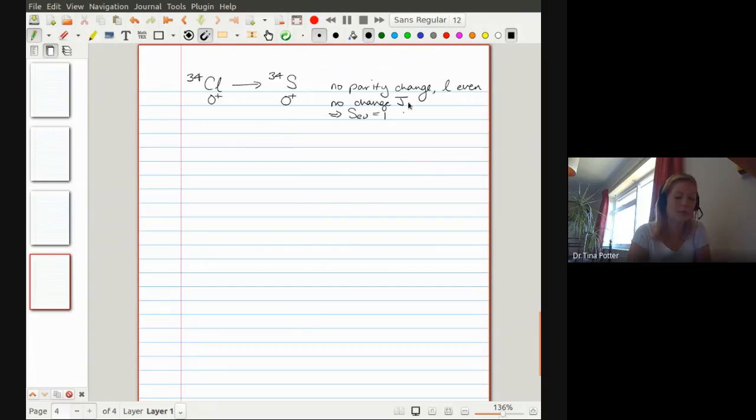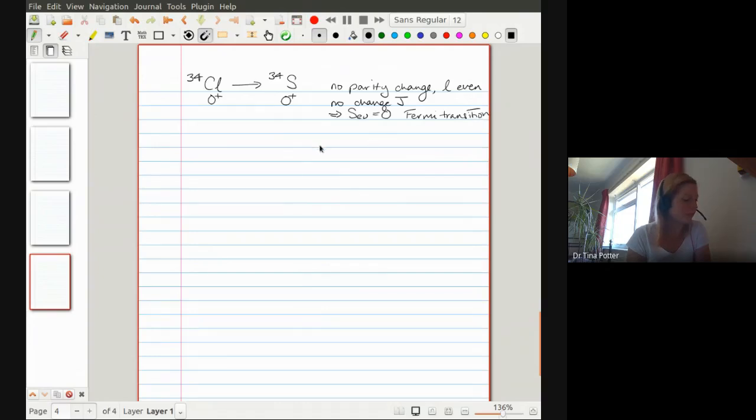So 0 to 0 is forbidden for Gamow-Teller, and we don't have any parity change. That means that we're only allowed a Fermi transition.